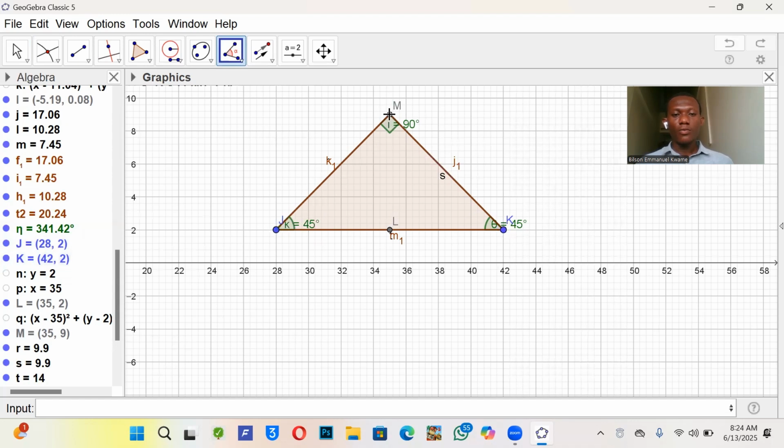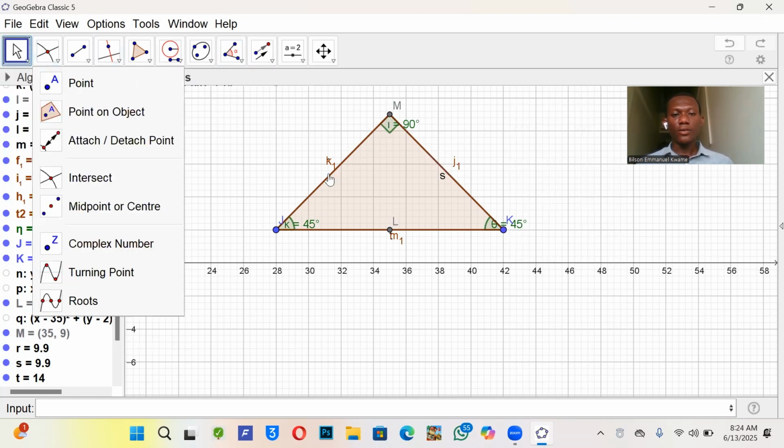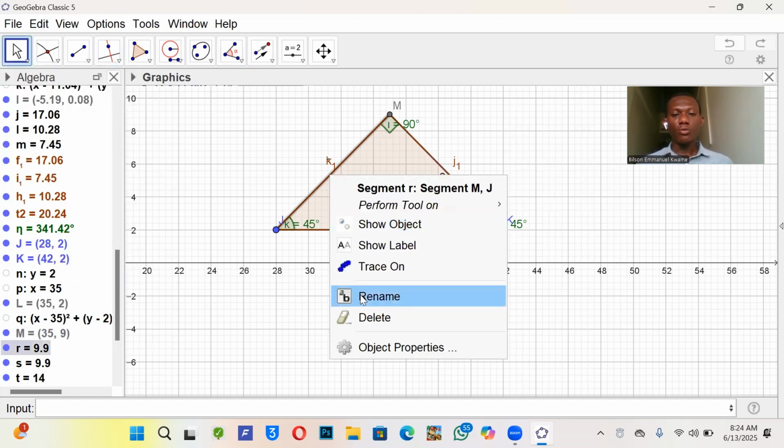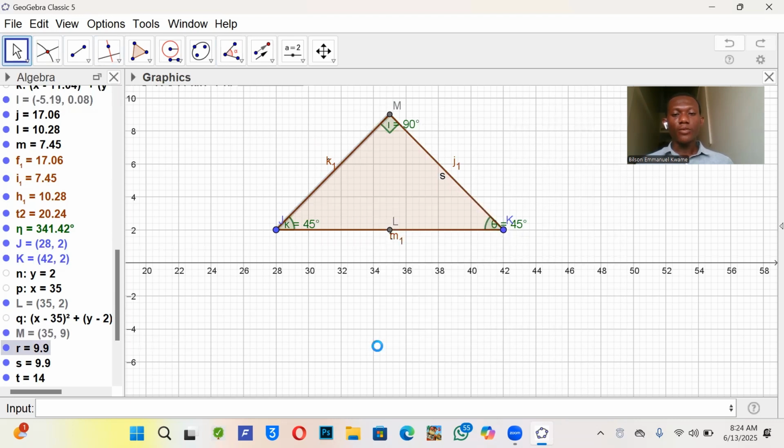You can see that we have two of the interior angles being equal, right? If two of the interior angles are equal, it means that this length and this length are equal. So this length, we can show object properties to get to know the length of that side.